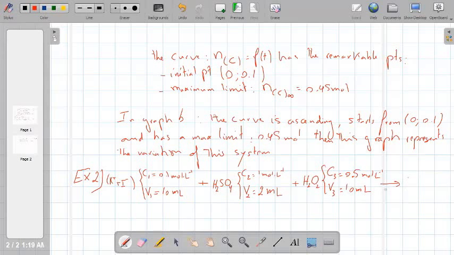We obtain a mixture S of V total equals 22 milliliters, the sum of the three volumes: 10 plus 2 plus 10 equals 22 milliliters.